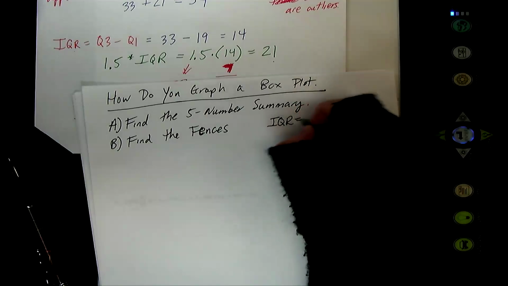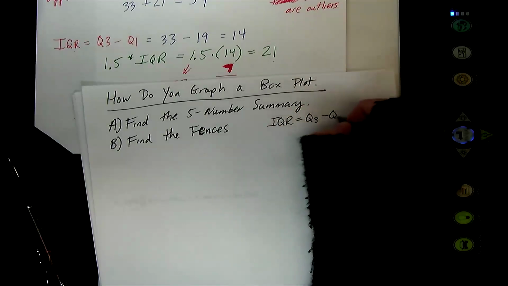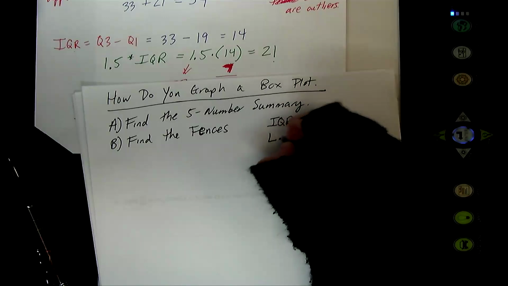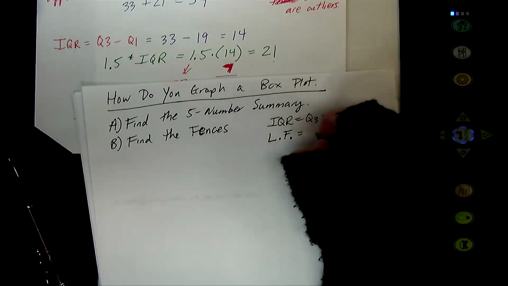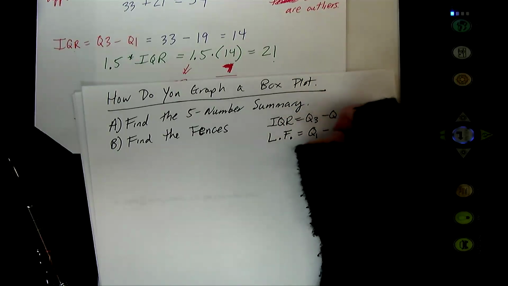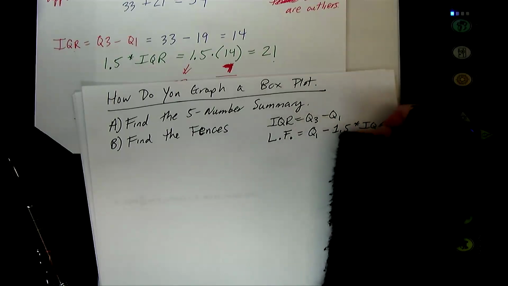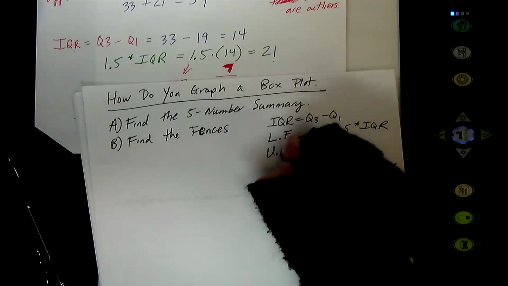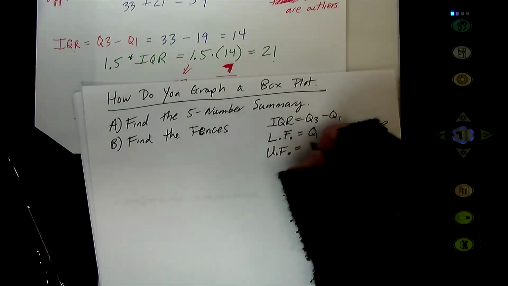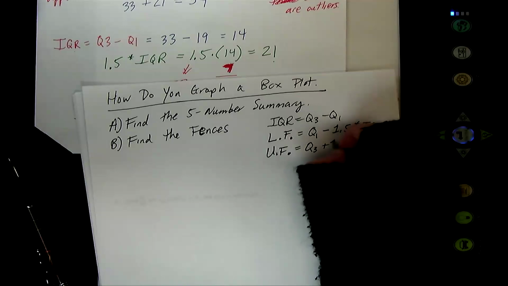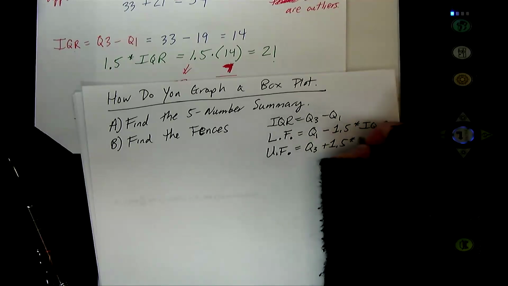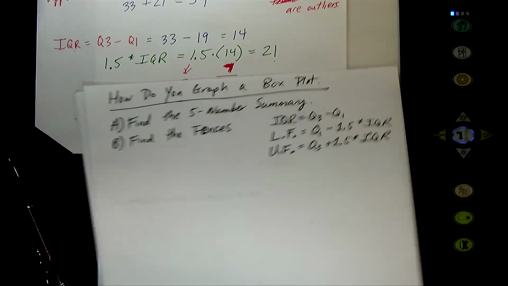IQR is Q3 minus Q1, so it's all on one page for you. LF is for lower fence, it's Q1 minus 1.5 times IQR. UF is for upper fence, it's Q3 plus 1.5 times IQR. You need these numbers here.